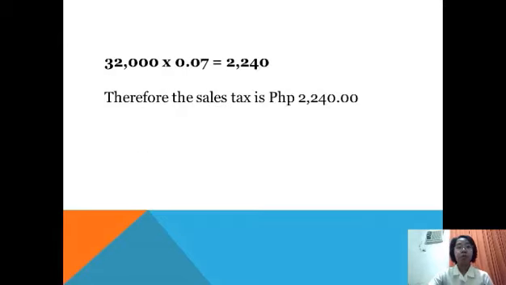So 32,000 pesos multiplied by 7%, the sales tax rate. Always remember to convert the percentage into decimal form. So 7% will become 0.07. So 32,000 multiplied by 0.07 is equals to 2,240.